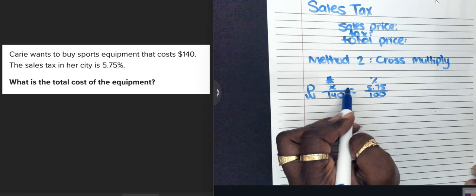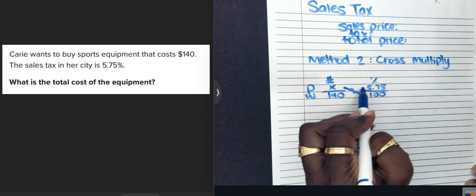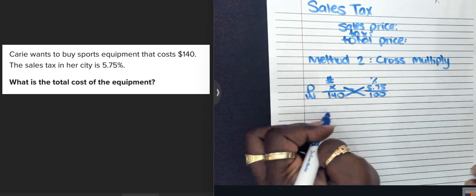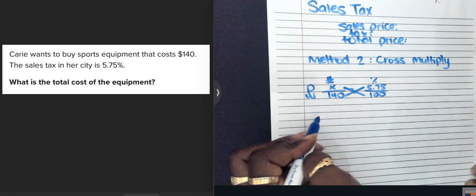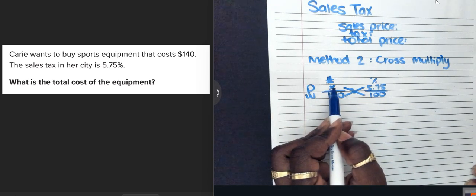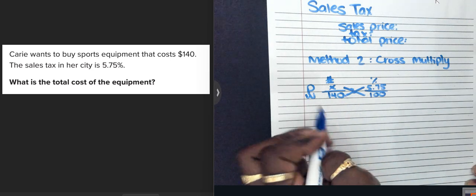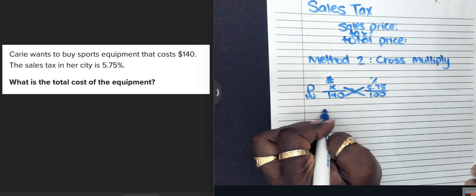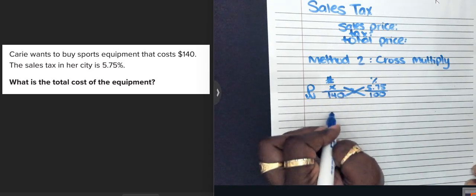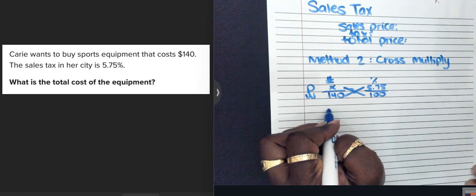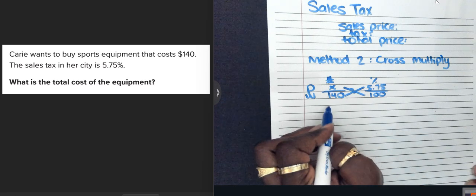Now, under the cross multiplying method, what I'm going to do is multiply my diagonals. So on one side, and it doesn't matter which side you put it on, you have X and 100. So that means you're multiplying 100 X's or X times 100, but you want to get into the habit of making sure that your coefficient is listed first. Okay.